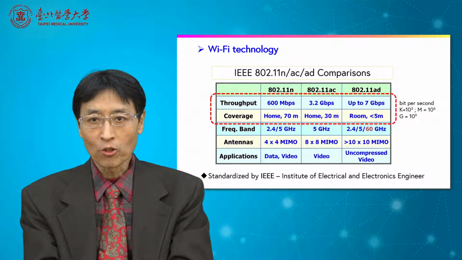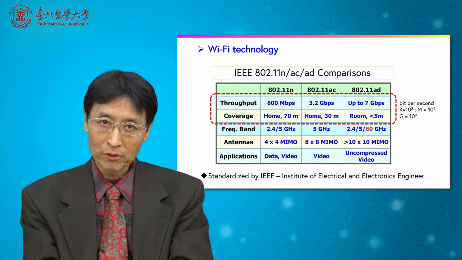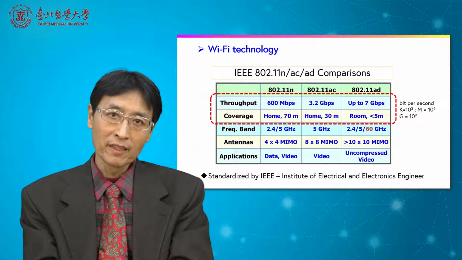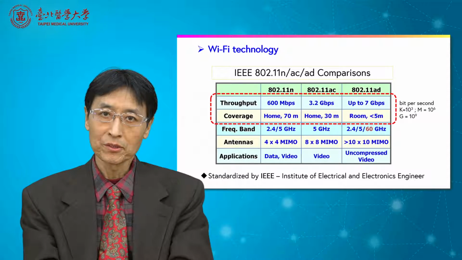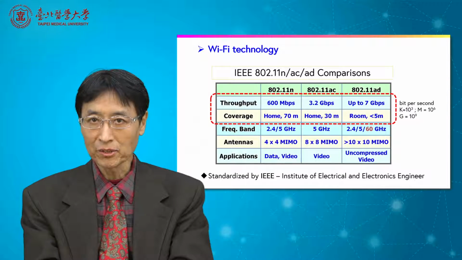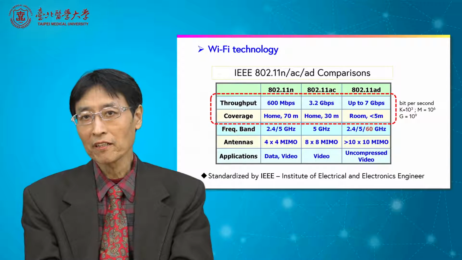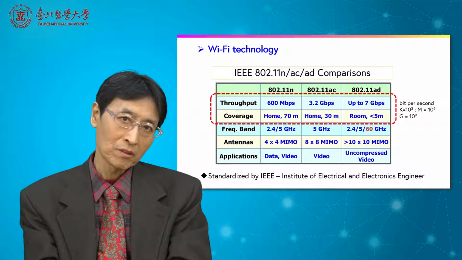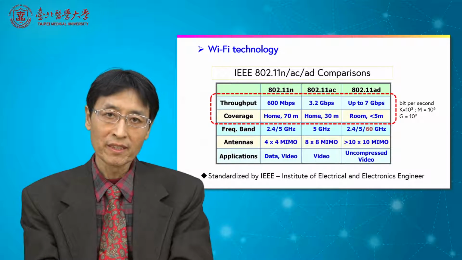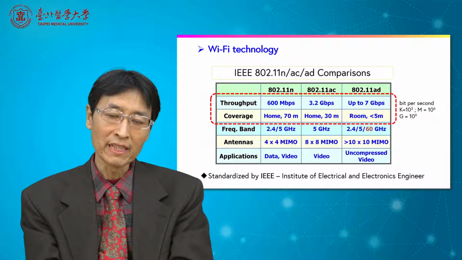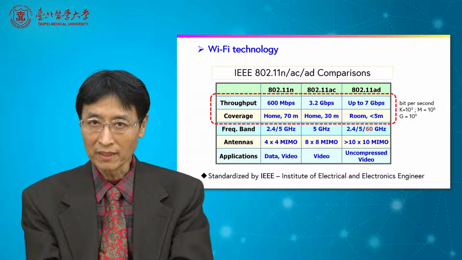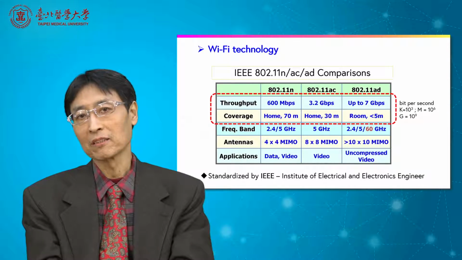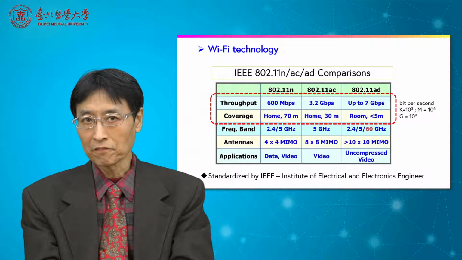That means Wi-Fi systems are all defined by IEEE. We look at three technologies: 802.11n, 802.11ac, and 802.11ad. If you have wireless access points at your office or at your house, you will see they are all 11n, 11ac ready, or even 11ad. The difference is speed.